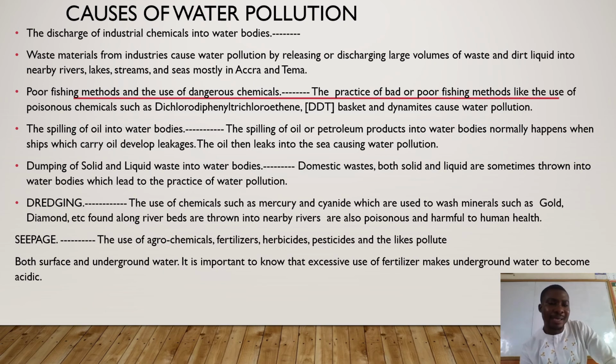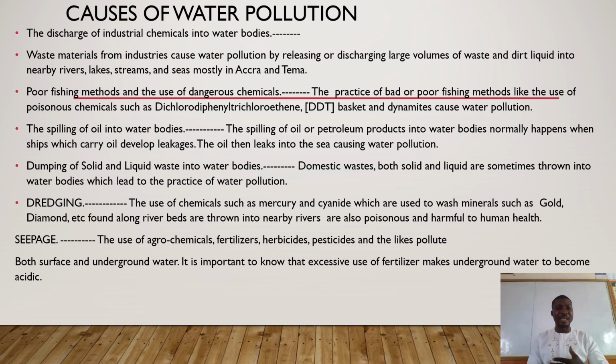When excessive fertilizers are washed from the surface of the earth into our water bodies, our underground water becomes acidic. Acidic water is never good; it is harmful to the human body as well. Therefore, these are some of the causes of water pollution.